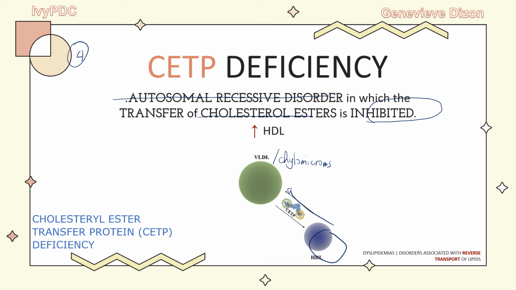Since there is a deficiency in the CETP, cholesterol cannot transfer to VLDL and triglyceride will not be given to HDL. Because of this, the HDL becomes large and laden with cholesterol esters. This will eventually lead to an increase in HDL levels in the blood, typically more than 100 milligrams per deciliter.